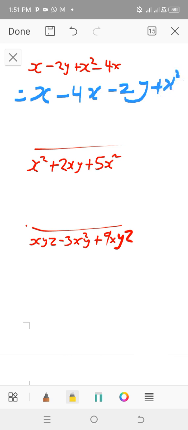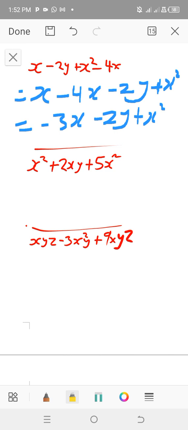So you can only add x and minus 4x. That gives us x minus 4x, which is like 1 minus 4, which is minus 3. So that is minus 3x and minus 2y plus x squared. So we leave it like that.